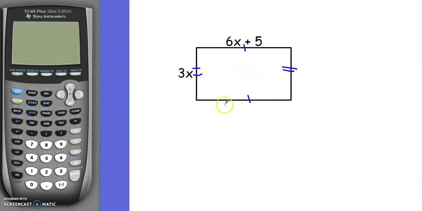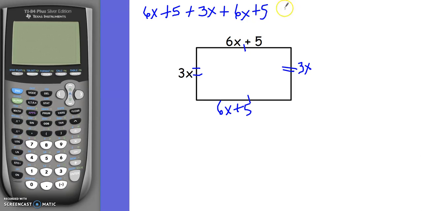So if this is 6x plus 5, this is also 6x plus 5, and if this is 3x, this is 3x. Remember, to find the perimeter of any figure, you just add up all the sides. So you have 6x plus 5 plus 3x plus 6x plus 5 plus 3x.